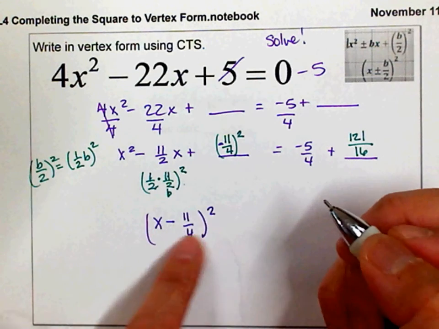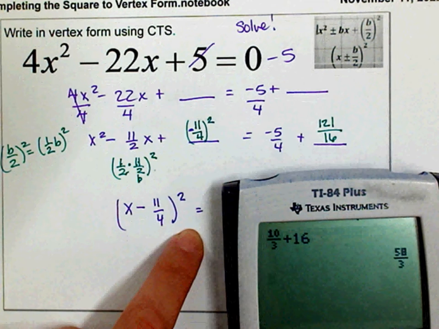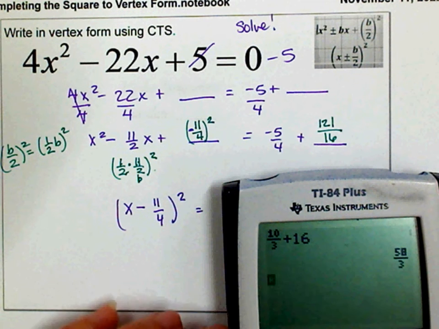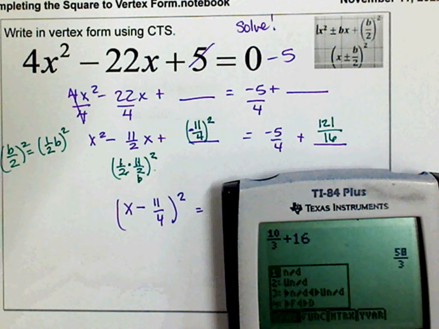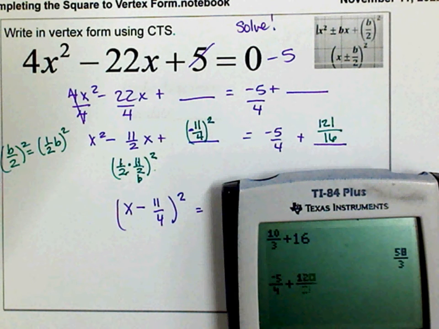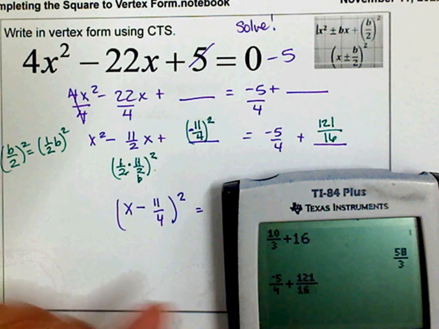Okay, alpha y 1, -5, right click the 4, plus alpha y 1, 121, right click to 16. Look just like your paper. Equal 101 over 16. Okay?